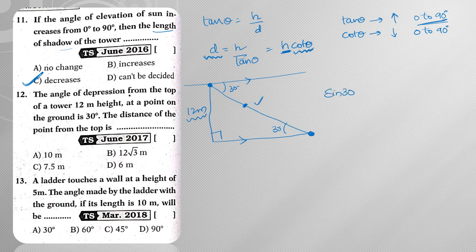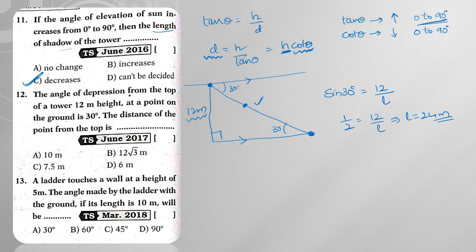So sin 30 degrees is equal to opposite, 12, by hypotenuse, which is nothing but the length I need to find, right? Sin 30 is 1 by 2, equal to 12 by L. On cross multiplication, L is equal to 24 meters.